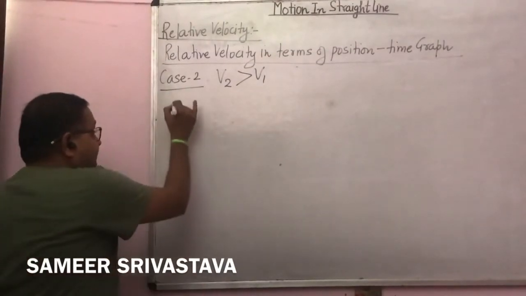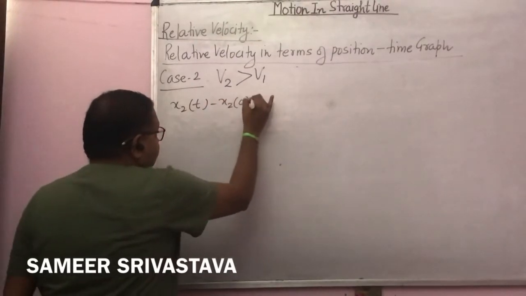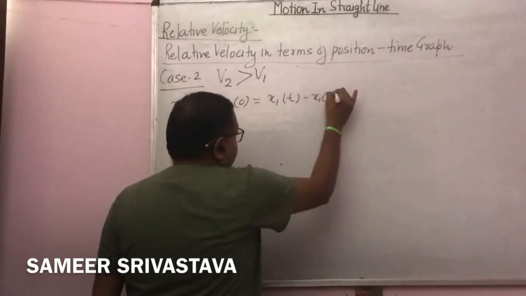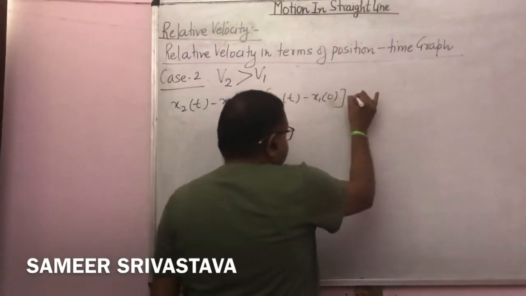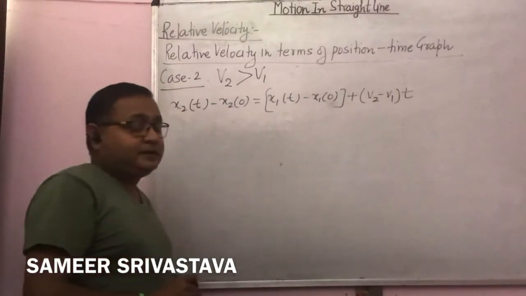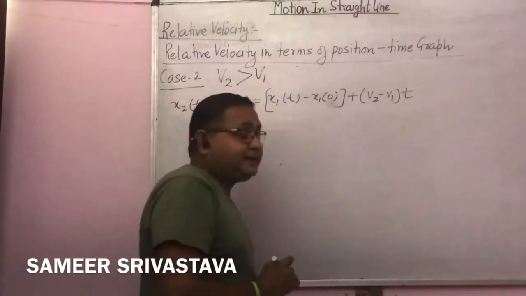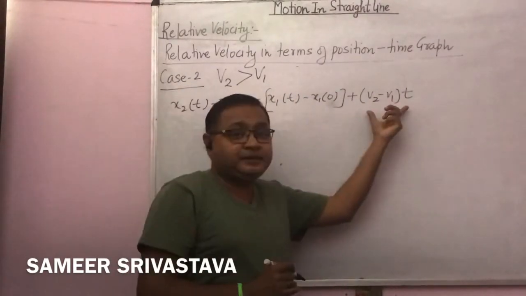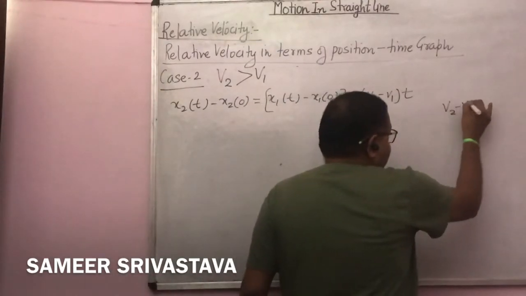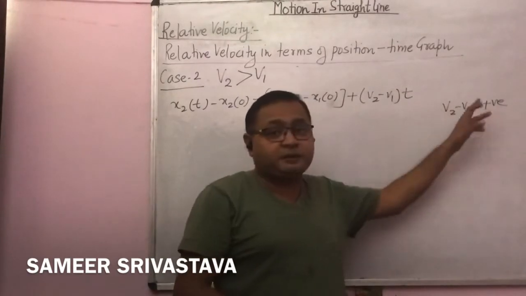Now from our equation, x2(t) minus x20 is equal to x1(t) minus x10 plus (v2 minus v1) into t. Now in this equation, this term is never 0. And when v2 is greater than v1, that means v2 minus v1 is always positive, because v2 is more than v1.